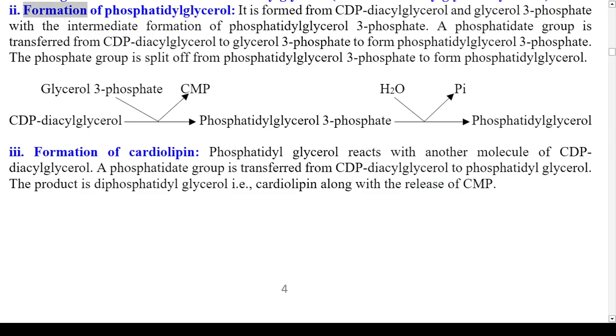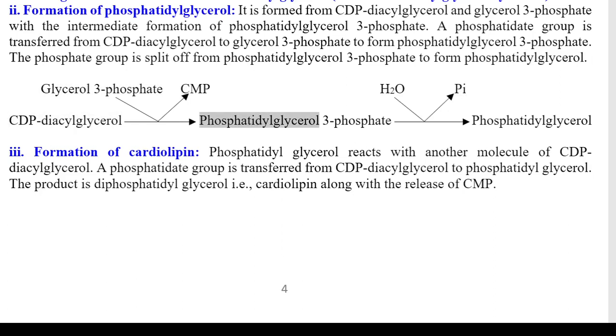2. Formation of phosphatidylglycerol. It is formed from CDP-diacylglycerol and glycerol 3-phosphate with the intermediate formation of phosphatidylglycerol 3-phosphate. A phosphatidate group is transferred from CDP-diacylglycerol to glycerol 3-phosphate to form phosphatidylglycerol 3-phosphate. The phosphate group is split off from phosphatidylglycerol 3-phosphate to form phosphatidylglycerol. Glycerol 3-phosphate, CMP, H2O, Pi.